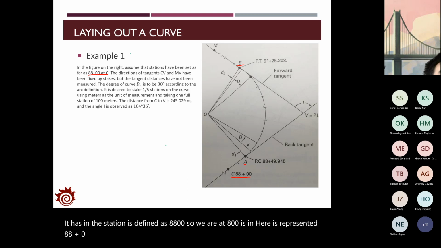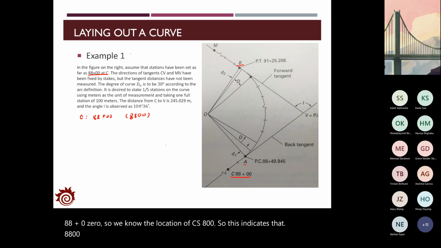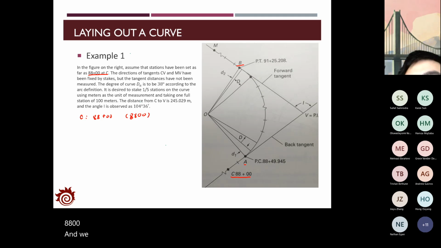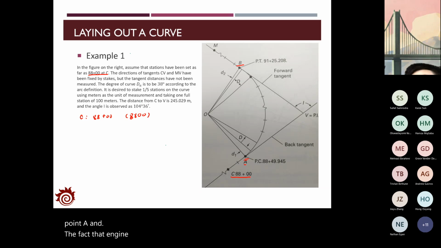So we know the location of C. We also know that this straight line C to A will be tangent to the curve at point A, but the tangent distance has not been measured. How long the distance is, it's not measured.